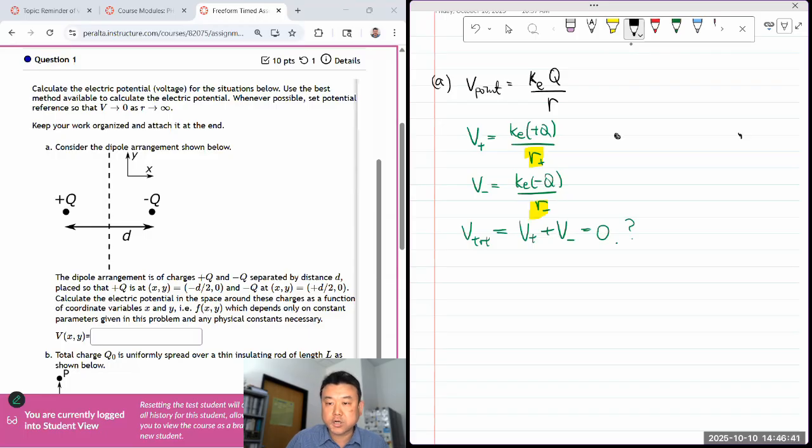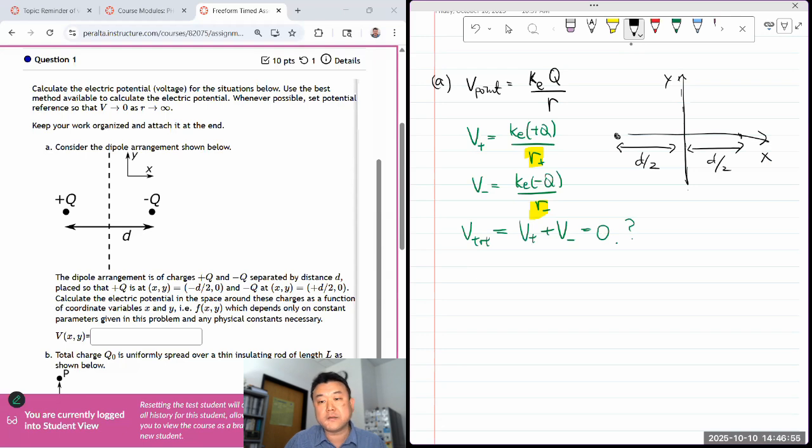So if I have those two charges, my coordinate axis defined this way with the x and y, these distances are d over 2. Then I'm going to pick a representative point, a random point in space, like over here. This is my representative point. What is r plus, and what is r minus?